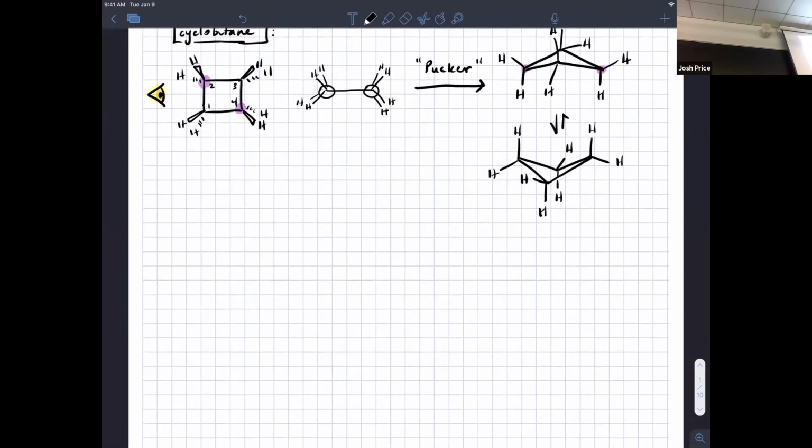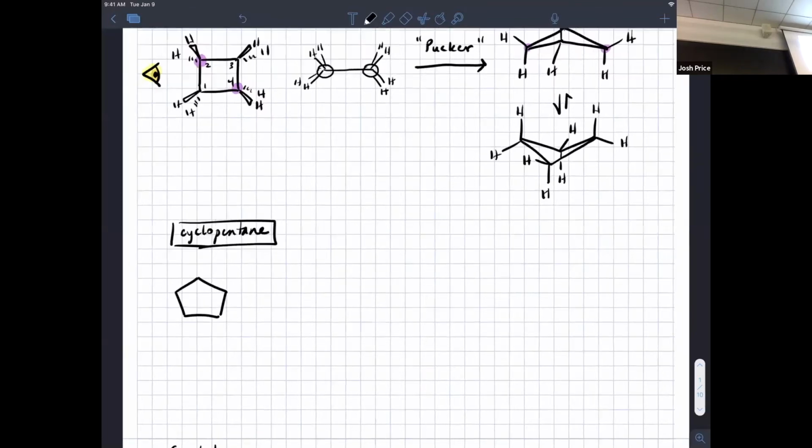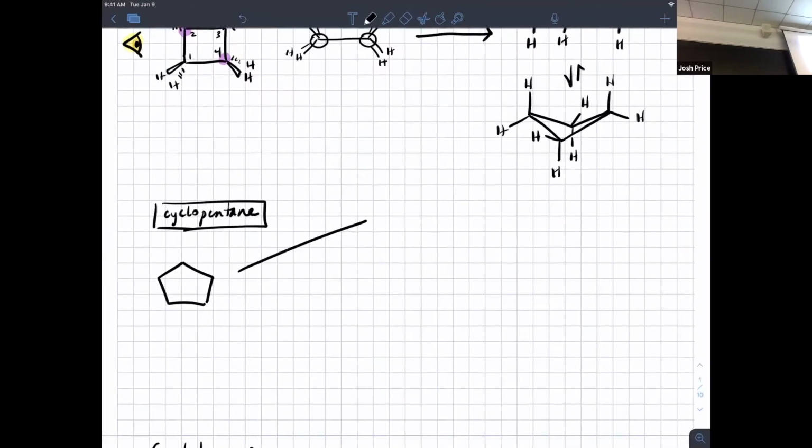Cyclopentane has got less ring strain, but it still puckers. So, hexagon that's completely flat. We're not going to draw the Newman projection. It would look very similar to the one I've drawn above. And there are sort of two conformations that are possible.